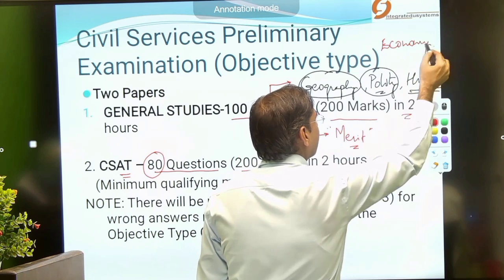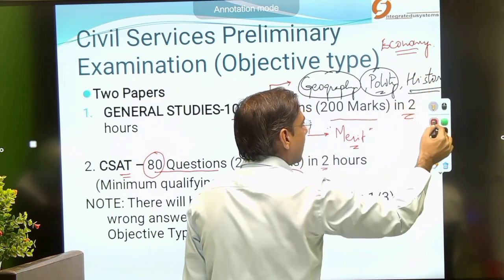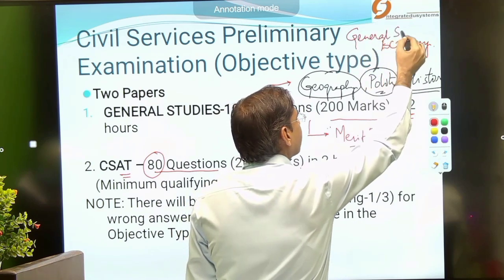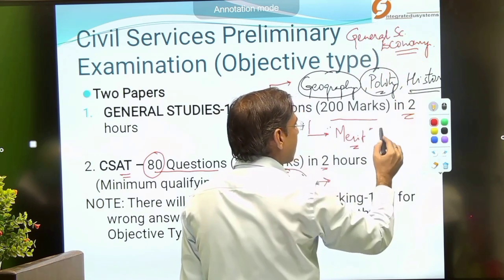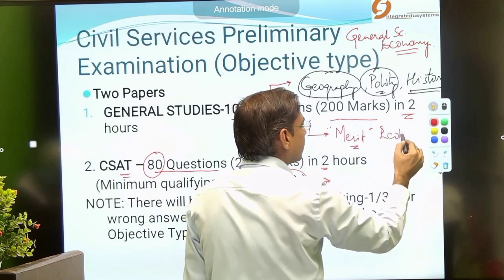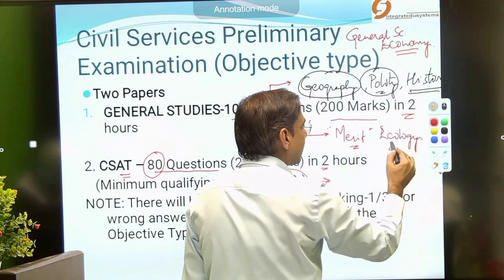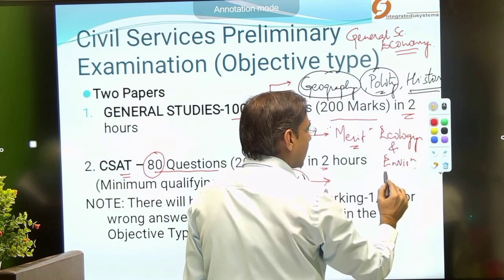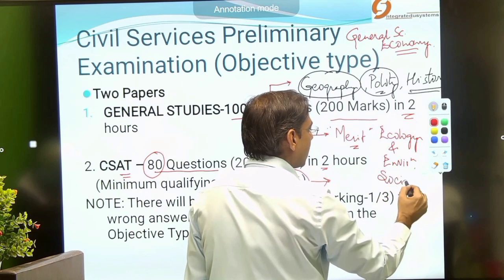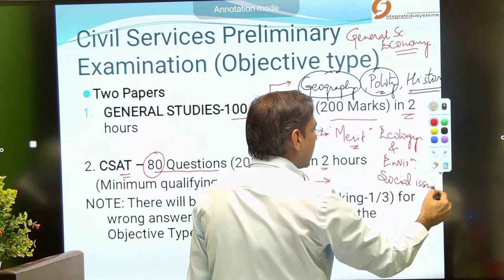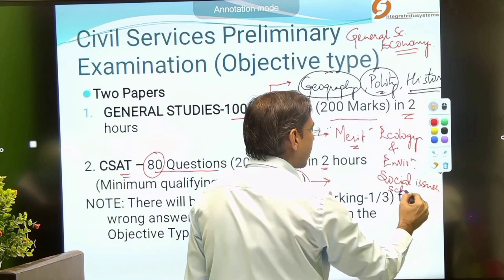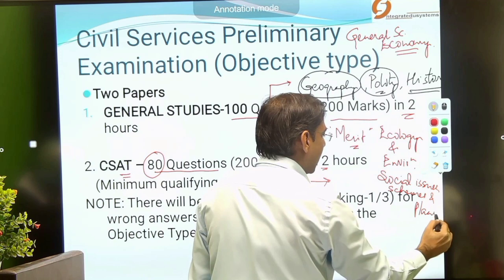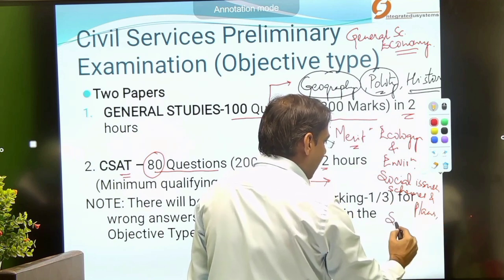Economy is another major section in pre. Apart from that, general science, ecology and environment, some social issues, schemes and plans, as well as a few questions from science and tech.